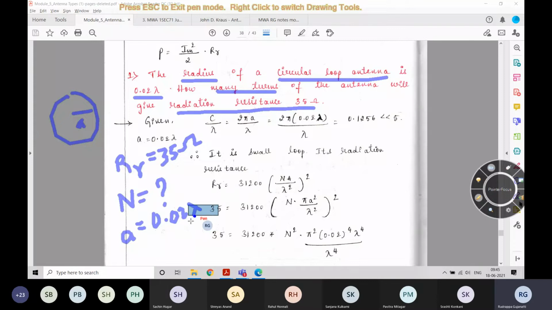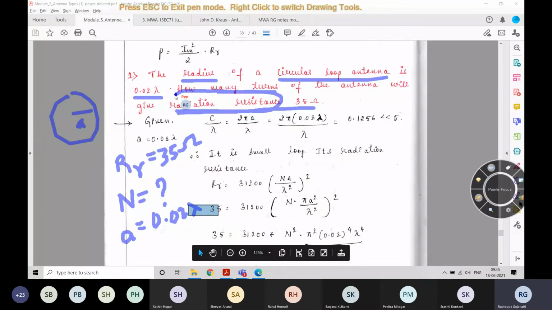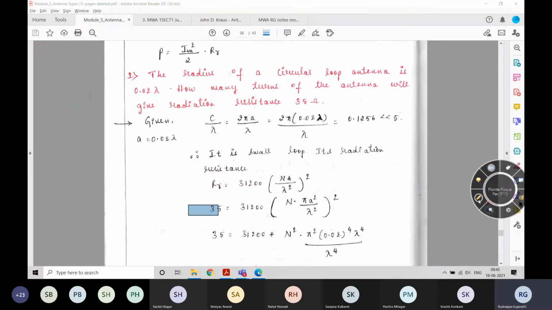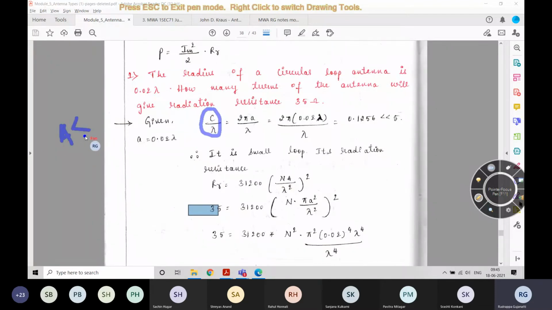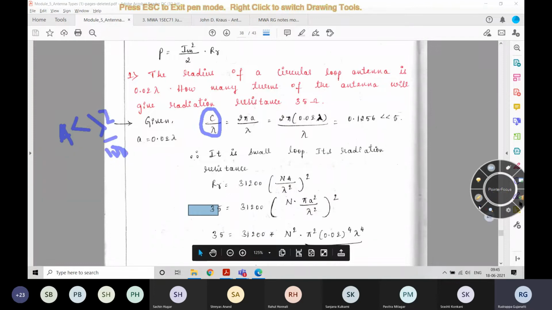0.02 times lambda. Now here, first we need to identify whether it is a small loop or a large loop, because the equation for radiation resistance is different for a small loop and for a large loop. So first we need to identify C by lambda, or check whether A is less than lambda square by 100.